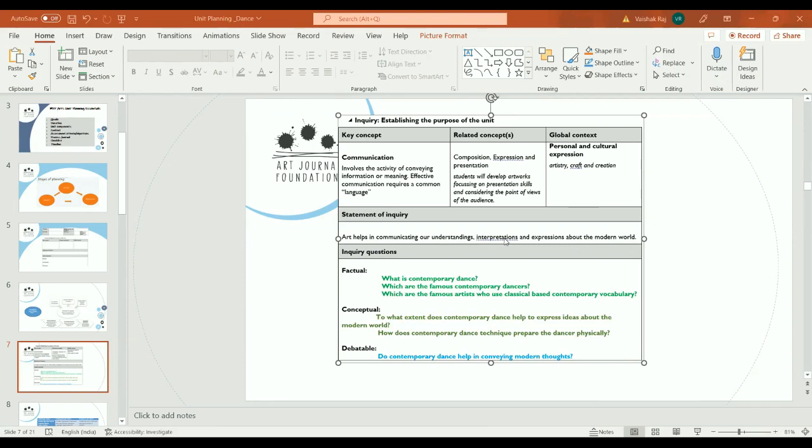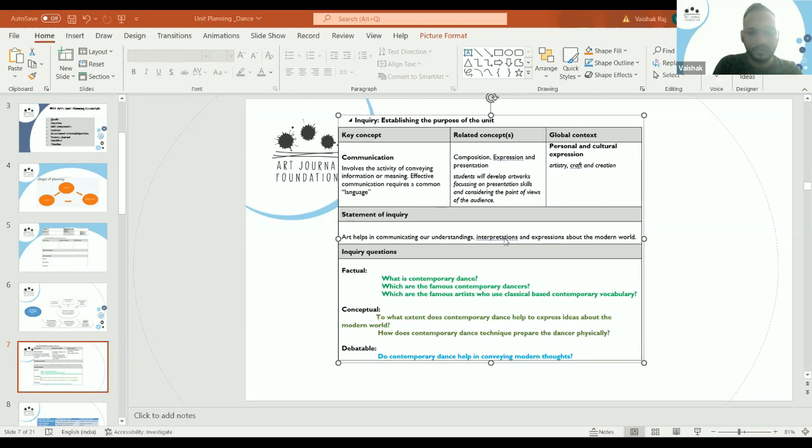Okay. What if I say art genre helps in portraying and conveying personal journeys? Again, the art genres help in, if you can write it.